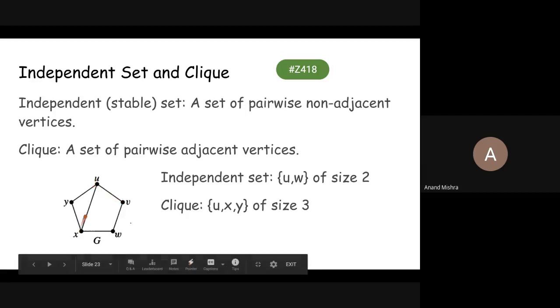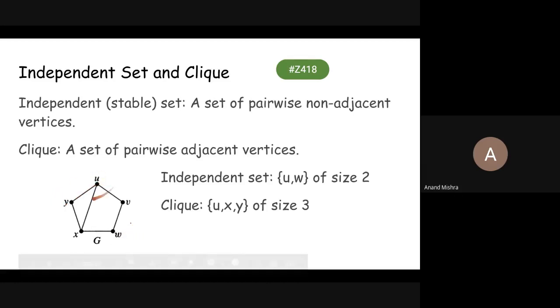U and X is also not independent. But U and W is an independent set. Similarly, Y and P is independent, right? Similarly, X and V is also independent. So you can find multiple independent sets of size 2.